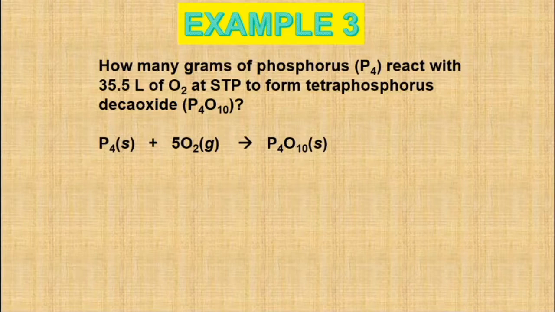In this question, example 3, the question is how many grams of phosphorus react with 35.5 liters of oxygen gas at STP to form tetraphosphorus decaoxide, P4O10, and the equation is given here. First of all, we need to determine the mole of oxygen gas.